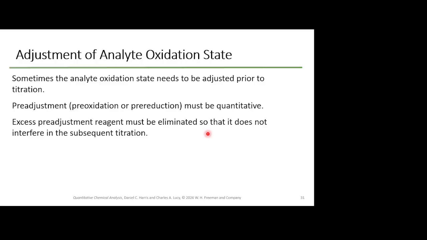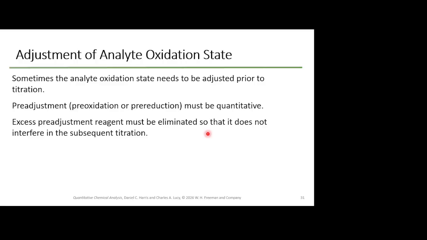Now, when you do these, sometimes the analyte oxidation state needs to be adjusted prior to titration. Not all of your iron molecules may have been in a 2+ form, and not all of them may have been in a 3+ form. You need to adjust them into the form you want. The pre-adjustment, usually called pre-oxidation or pre-reduction depending on what you're doing, must be quantitative.